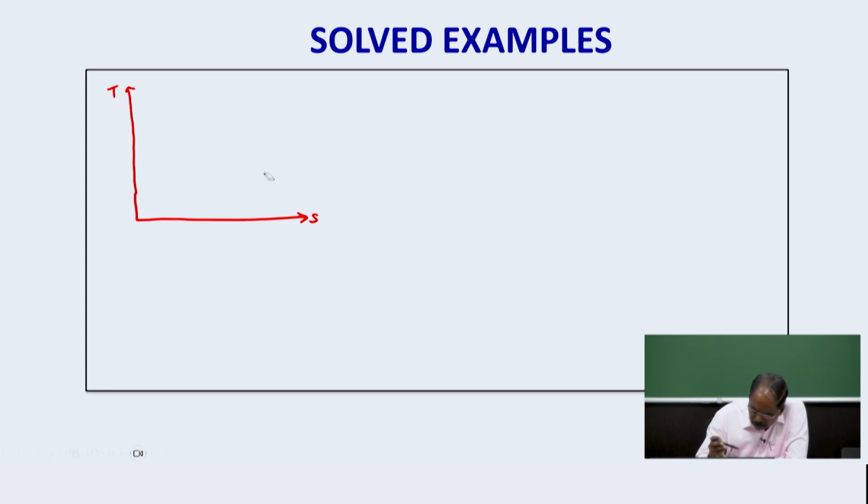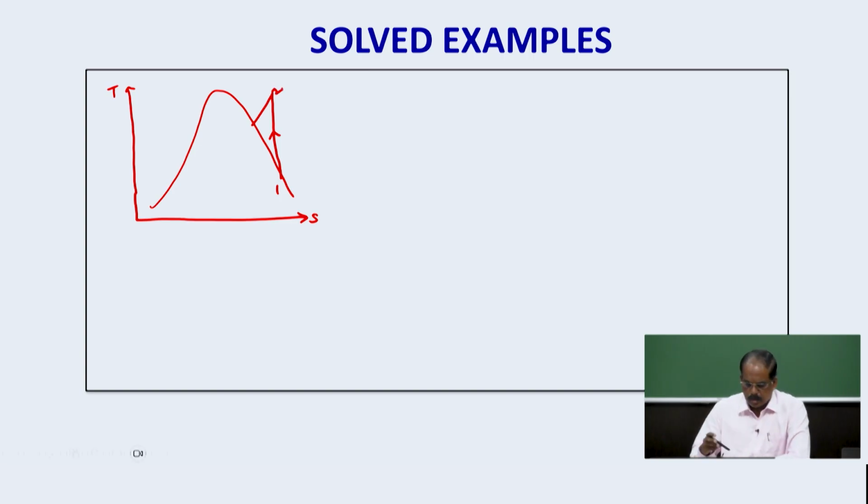Let me redraw it again. So state point 1, this is isentropic compression 1 to 2. I think the letters are not clear. Let me plot the process again.